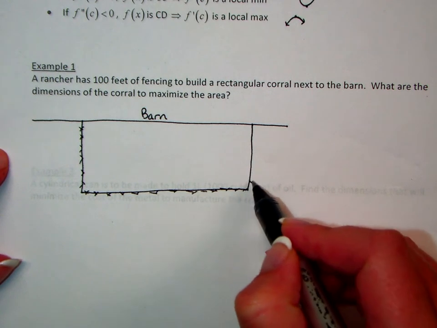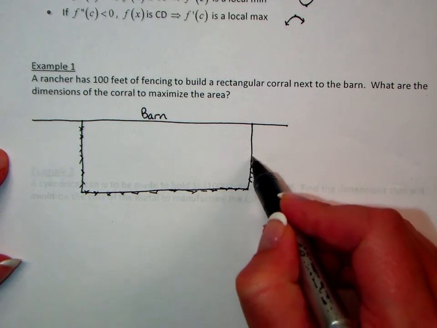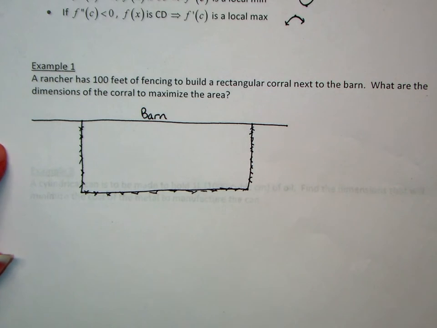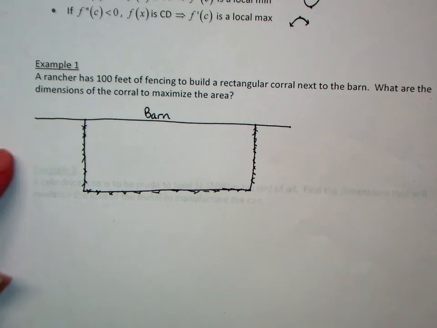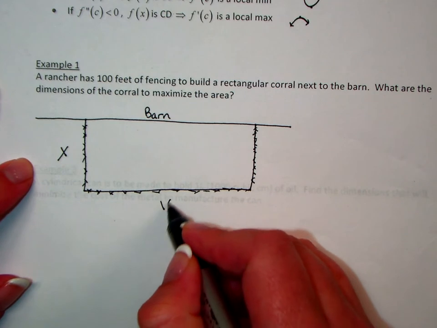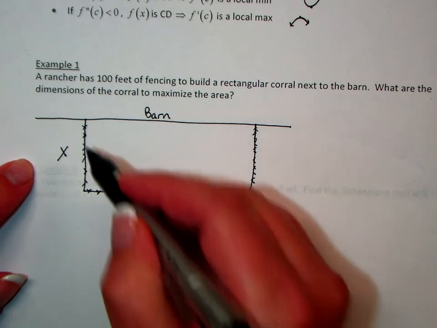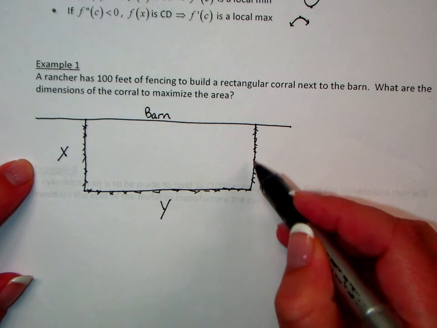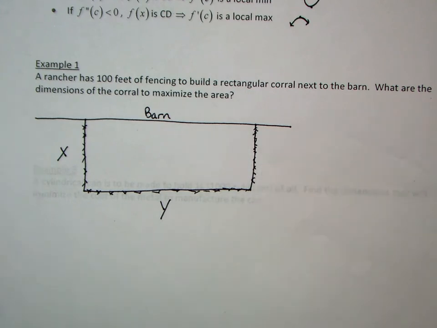We're not going to fence next to the barn, okay, not necessary. All right, so this barn is going to have dimensions, let's use x and y, okay? So we're going to have x distance here, y distance here, and x distance here, right?